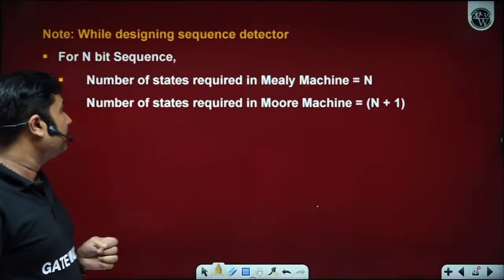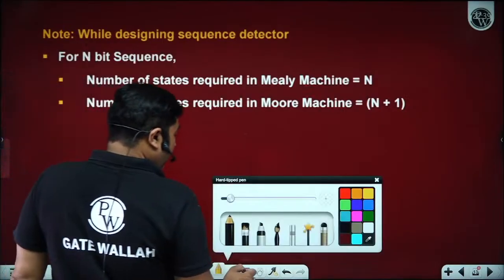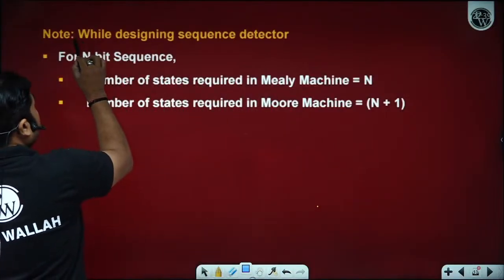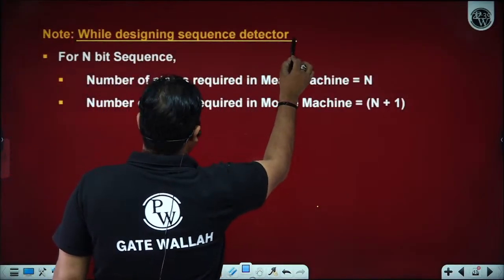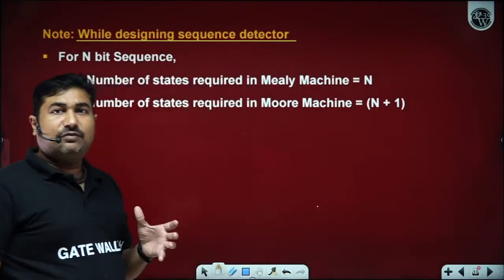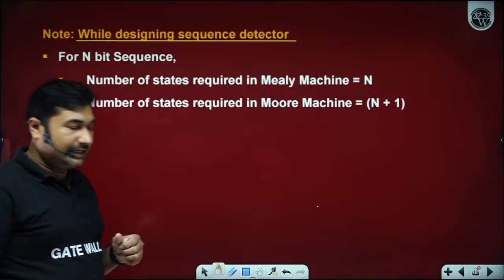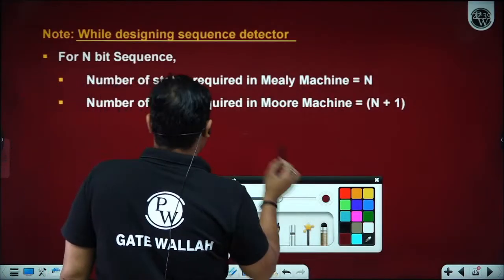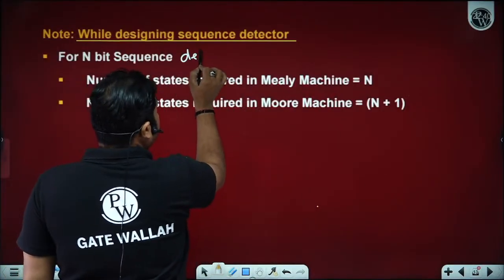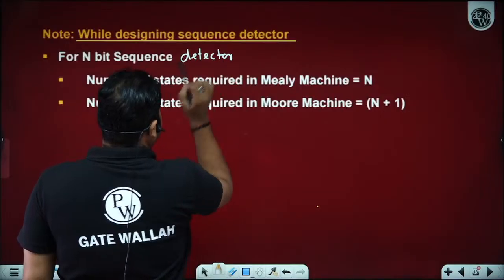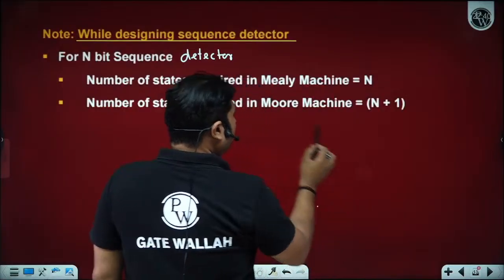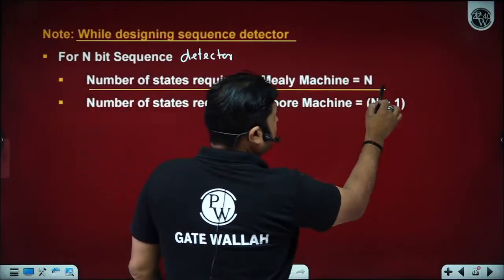Now please observe here. A very important point while designing the sequence detector must be noted. If we have to design an n-bit sequence detector, then the number of states required in a Mealy machine is equal to n.